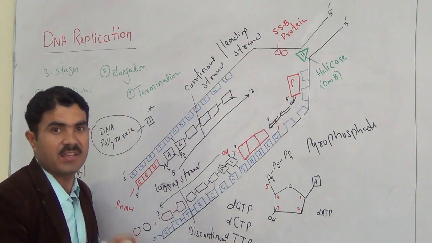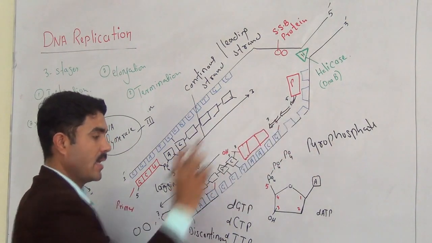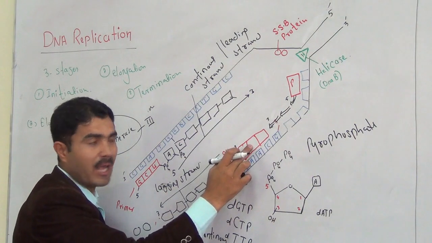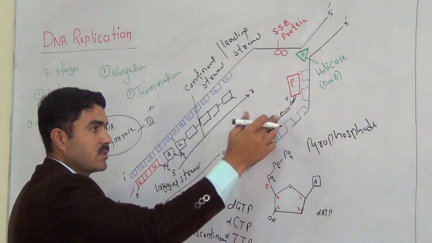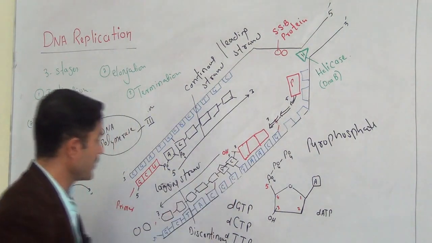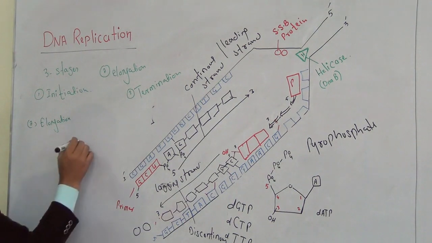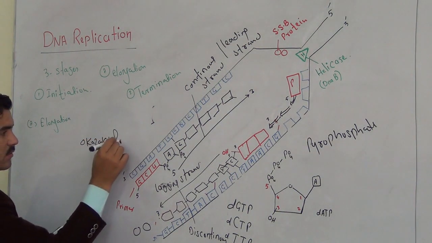One piece is separated from another piece by the help of primer. Later on we will remove this primer, but these pieces are called Okazaki fragments.